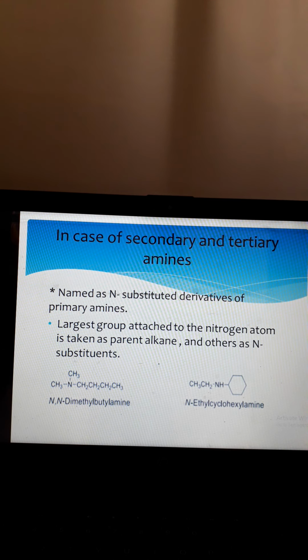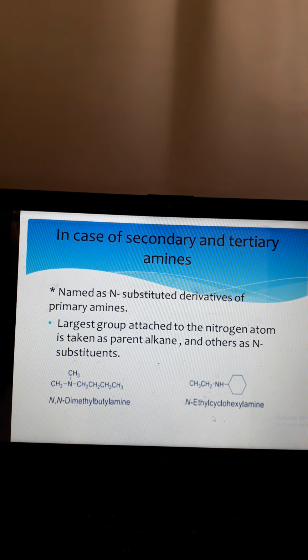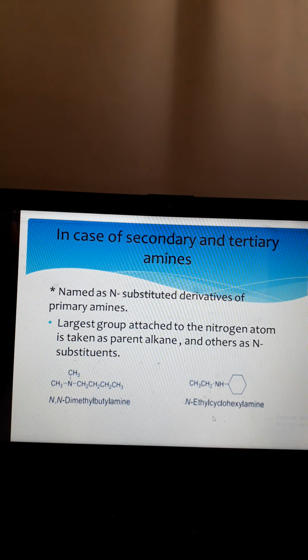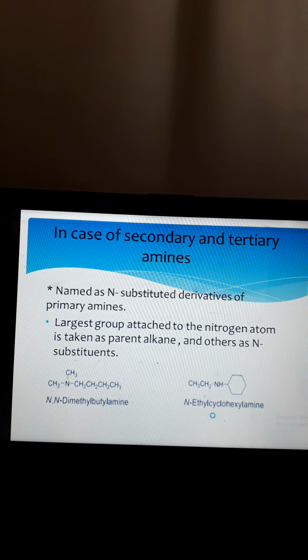In the second example, N-ethylcyclohexylamine, the hexane group is the largest group, and we say it as N-ethylcyclohexylamine. Keep in mind that in secondary and tertiary amines, whichever is the largest group attached to the nitrogen atom is taken as the parent amine or parent alkane.